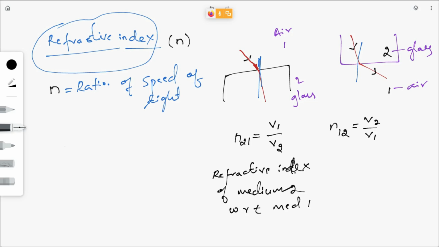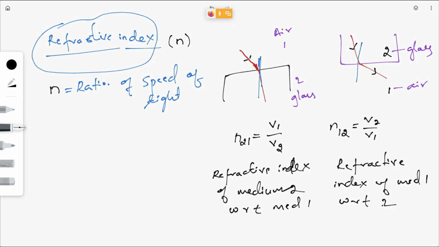Refractive index of medium 2 with respect to medium 1, and here it is refractive index of medium 1. Which one, Falguni? Sir, n21.